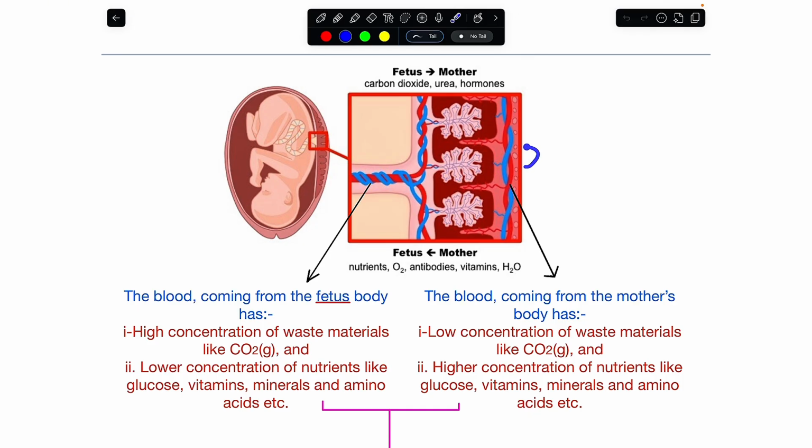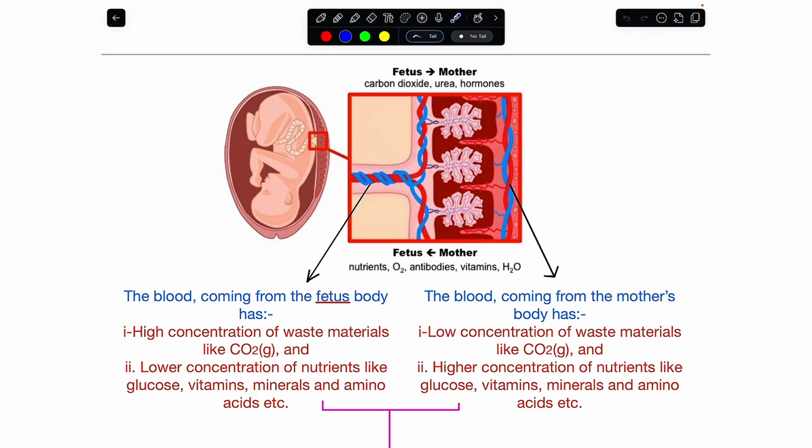Now, this other part here indicates the maternal or the mother's blood supply. In the maternal blood supply, we have a high amount of glucose, oxygen, amino acids, vitamins, and minerals. The blood that was brought from the fetus has a low amount of glucose, amino acids, vitamins, and minerals, but a higher concentration of waste materials.